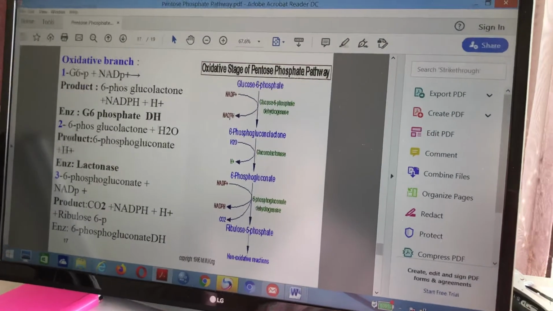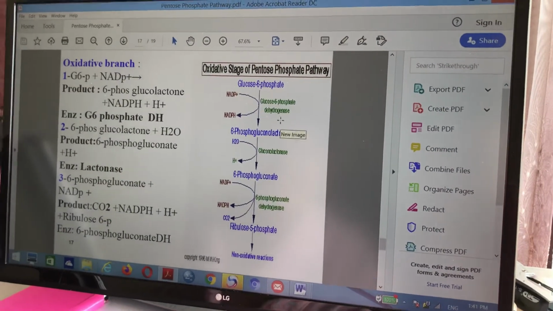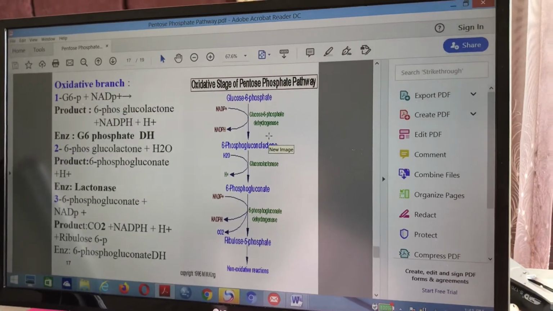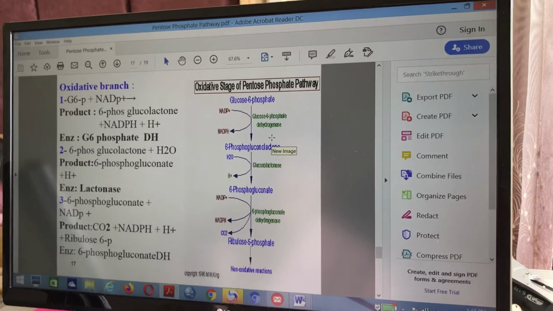As you know, glucose 6-phosphate dehydrogenase needs manganese, magnesium, and/or calcium as a cofactor.